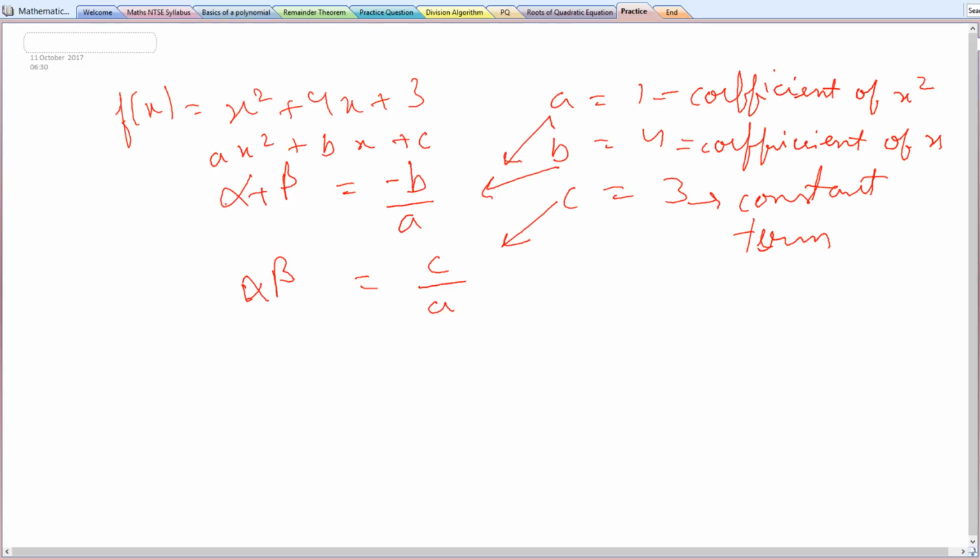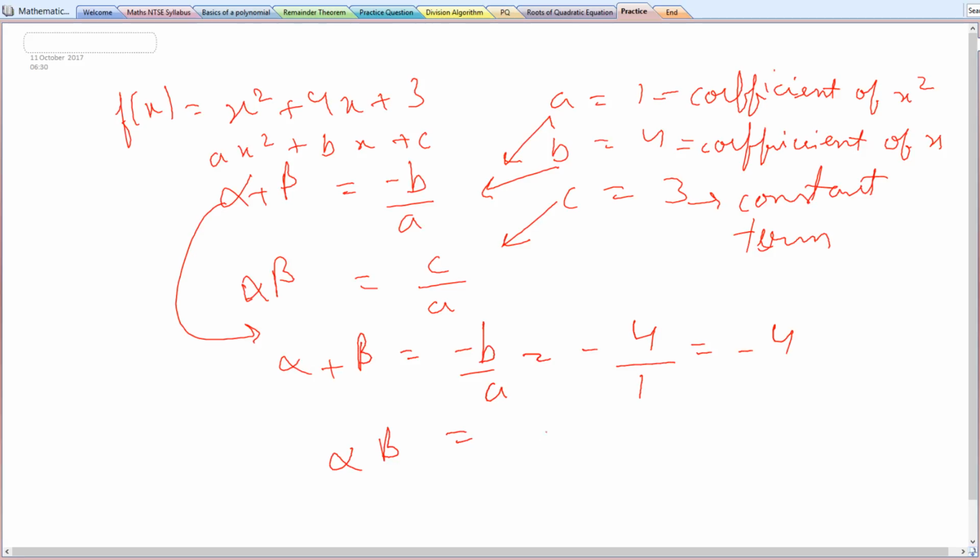So what will my alpha plus beta be? Minus b by a, that is minus 4 upon 1, that is minus 4. Alpha beta is c by a, that is 3 by 1, equal to 3.